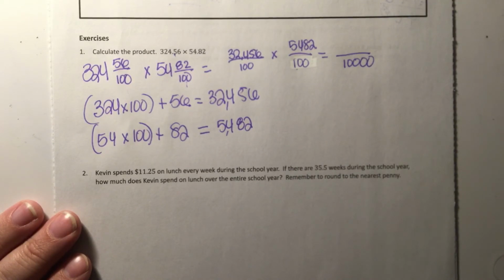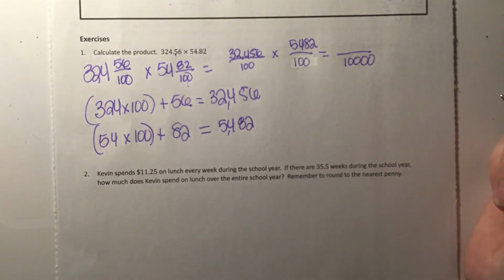32,456 times 5,482. Oh, goodness gracious. Seriously? It's 177 million, 177,923,792.